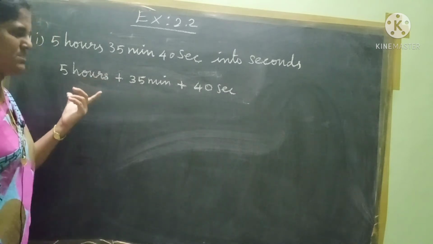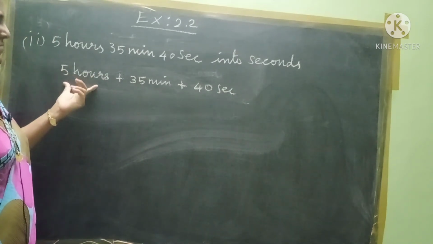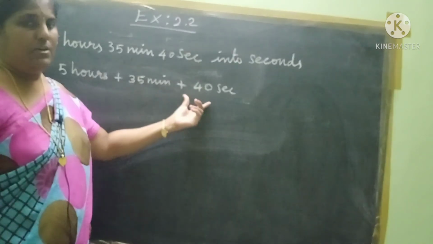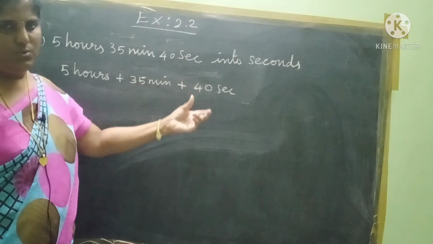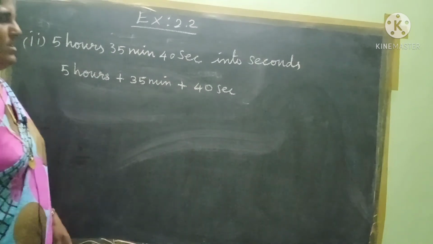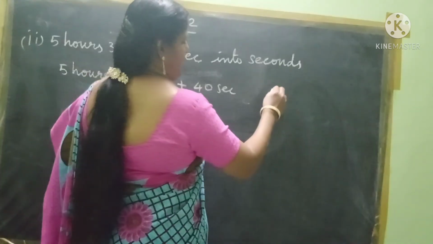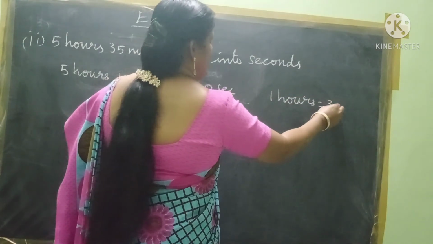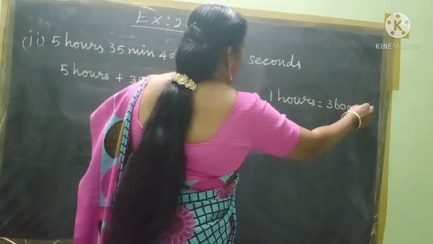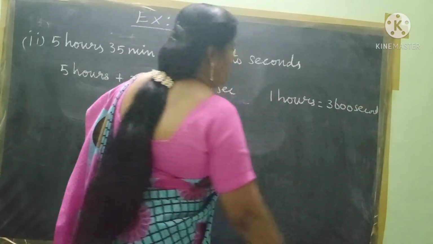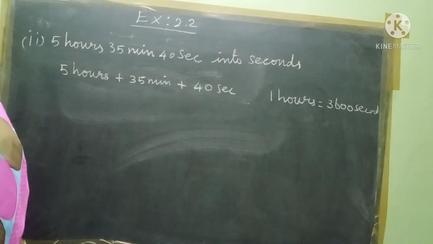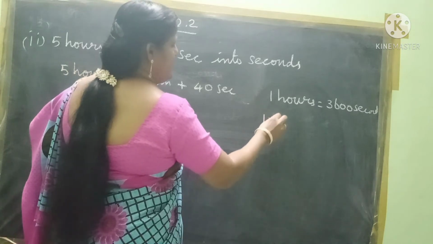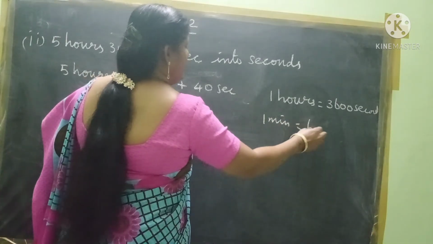First of all, we are going to change 5 hours to seconds and then 35 minutes to seconds. Overall, after that we are going to add these. So 1 hour is equal to 3600 seconds. 1 hour equal to 3600 seconds. 1 minute is equal to 60 seconds.